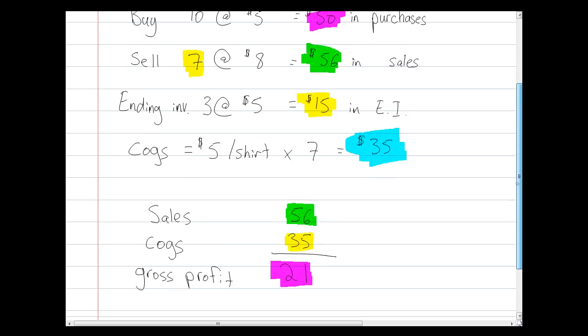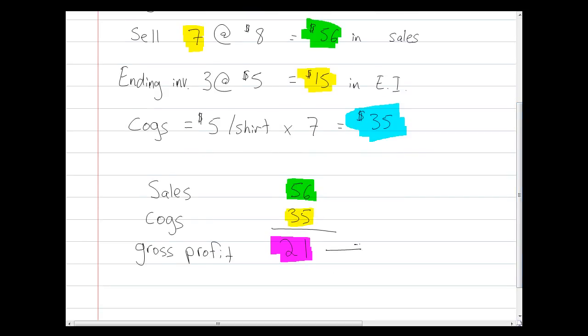So another way I could calculate this $21 here is to say, well, okay, our profit off of each shirt was $3, and then I could just multiply that by the number of t-shirts which I sold, which was 7, and that leaves us with $21, which is basically the same number here.